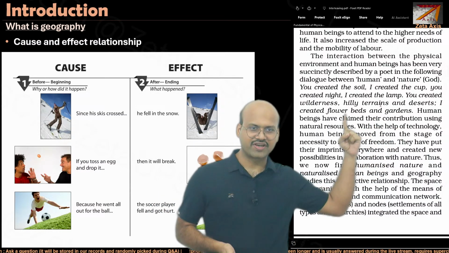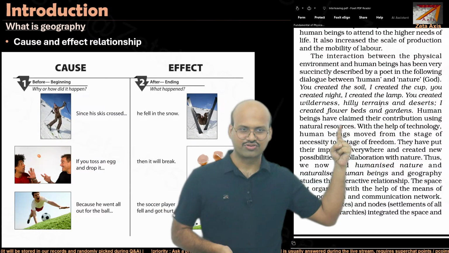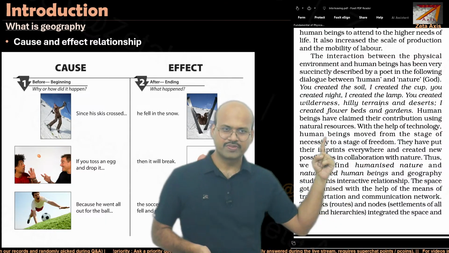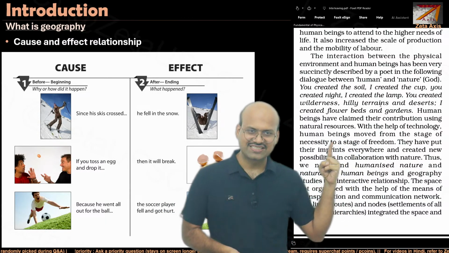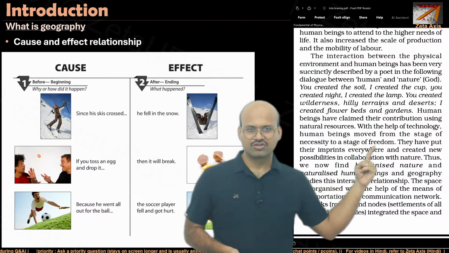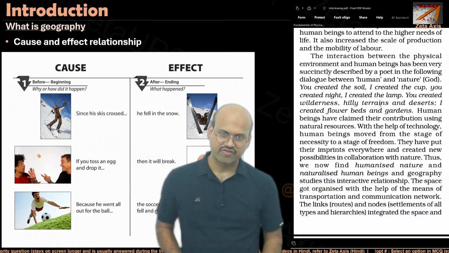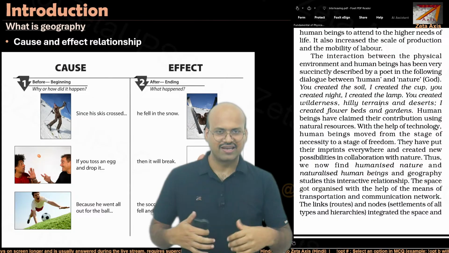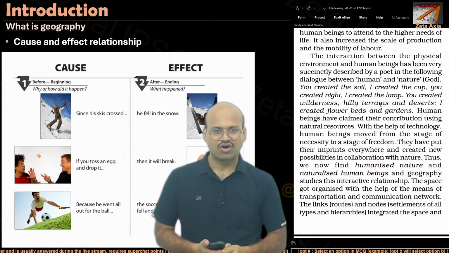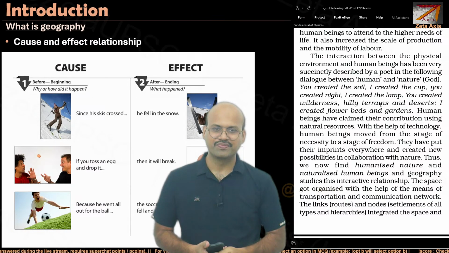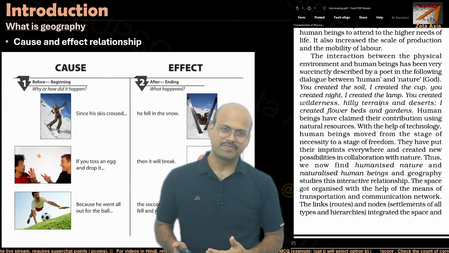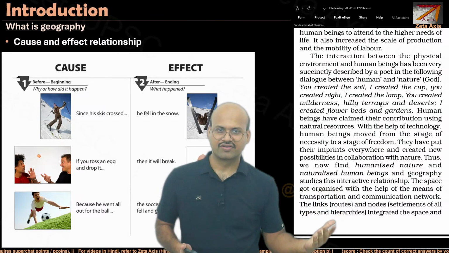Now, human beings have claimed their own contribution using natural resources. With the help of technology, human beings moved from the stage of necessity to a stage of freedom. So basically, now we are a little less dependent on our nature, and we can live in regions which were not really meant for people to be there. We know that people now live in Antarctica, where it is too cold.